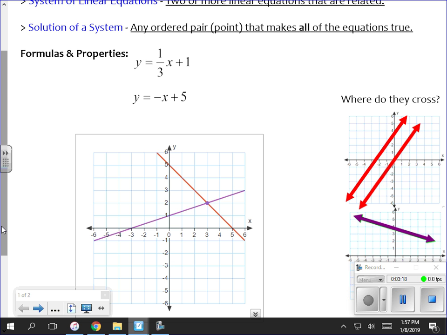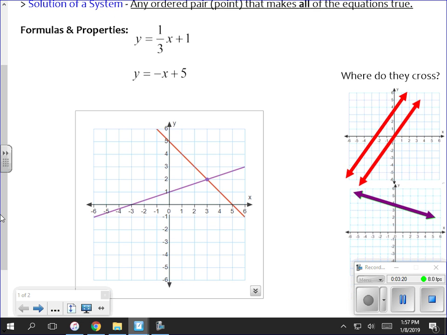So, you have here an example, okay? You have two equations, y equals 1/3 x plus 1. That's this line here, y equals 1/3 x plus 1. That line, that blue line for me, it's black for you, but that line is every single xy coordinate combination that makes this a true statement.